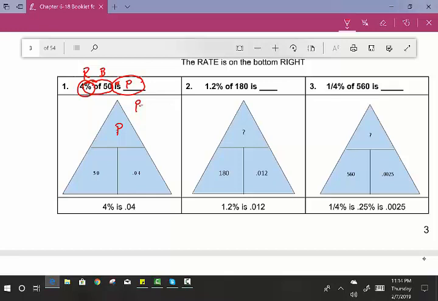Part is equal to the base times the rate. So the base is 50 times the rate of 0.04. Well, you're going, wait a second, that says 4%. Well, you're going to move the decimal point 2 places to the left to establish it as a decimal. So 50 times 0.04 is 2.